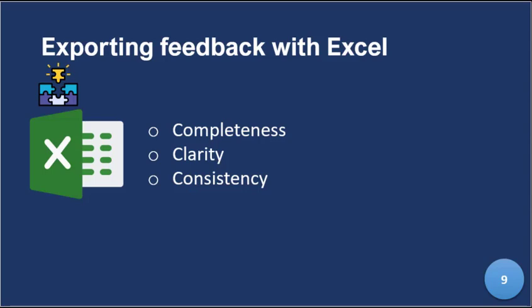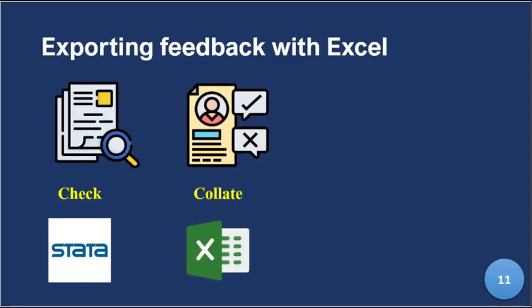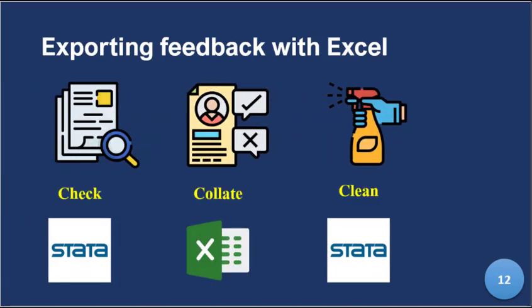Okay, let's go through the sequence again. You do your checks in Stata, and then you collate all the things you've checked with Excel, and then you clean with Stata. That's basically the sequence and the logic, and we have done a bit of that, so we're not going to take so much time with this exporting with Excel.